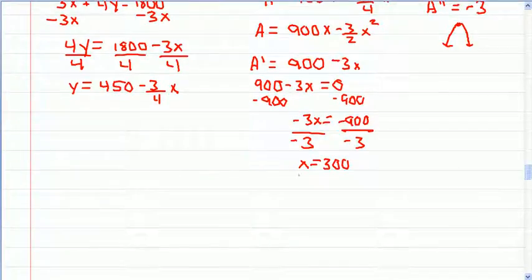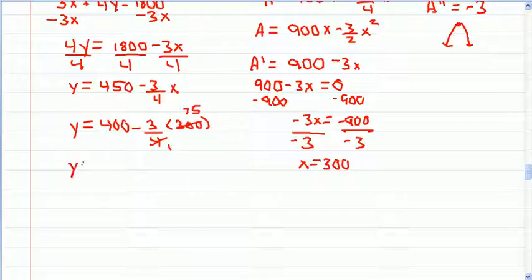So if x is equal to 300, I take that value and substitute it in for y, so that y is equal to 400 minus 225.